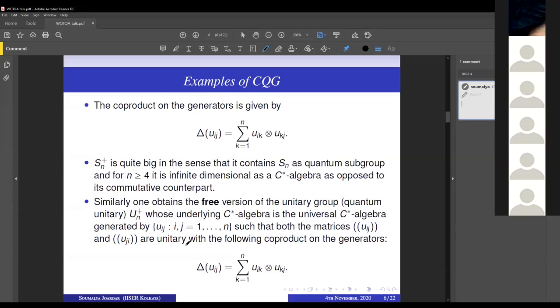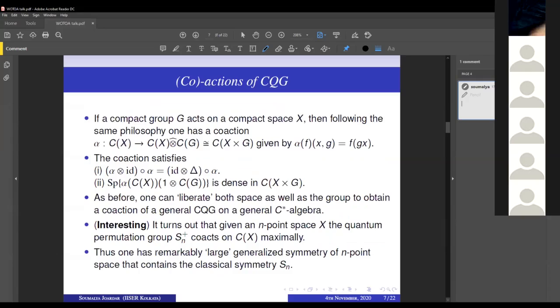This is the relation, with the following co-product on generators: delta of uij equals the summation of uik tensor ukj. You can check that classically it happens if you take the classical unitary group Un. Okay, so these are examples of CQG that are relevant to us for the moment.